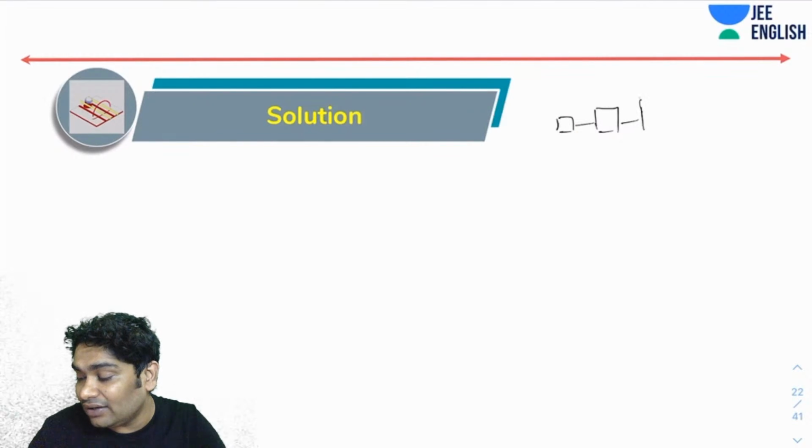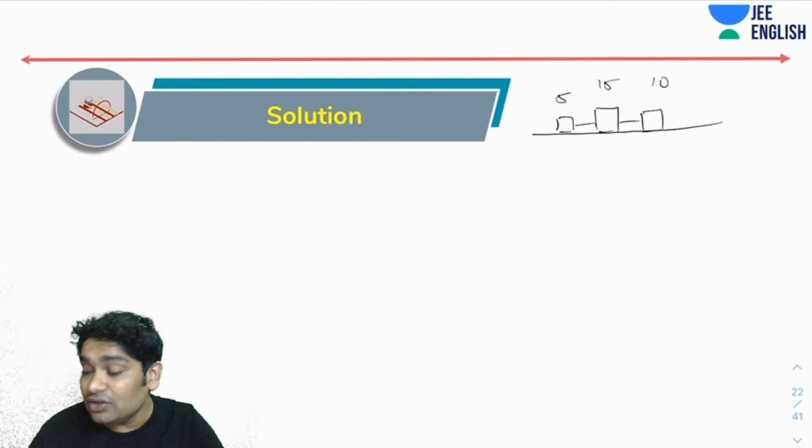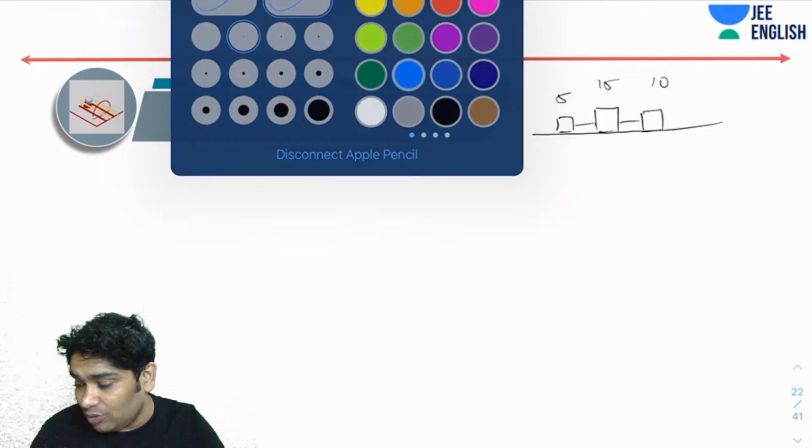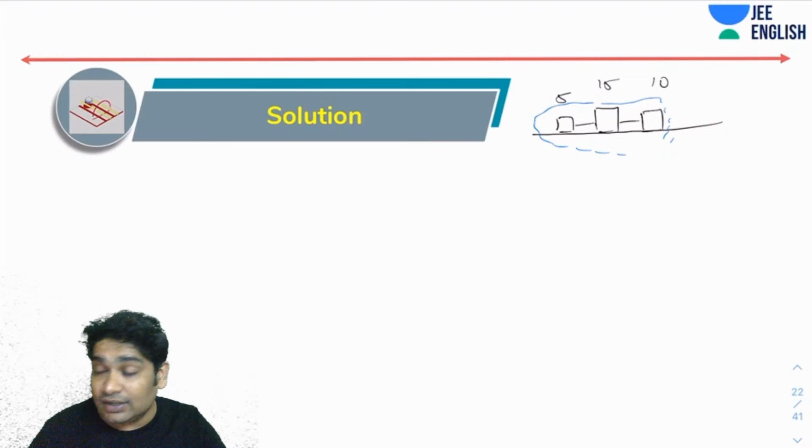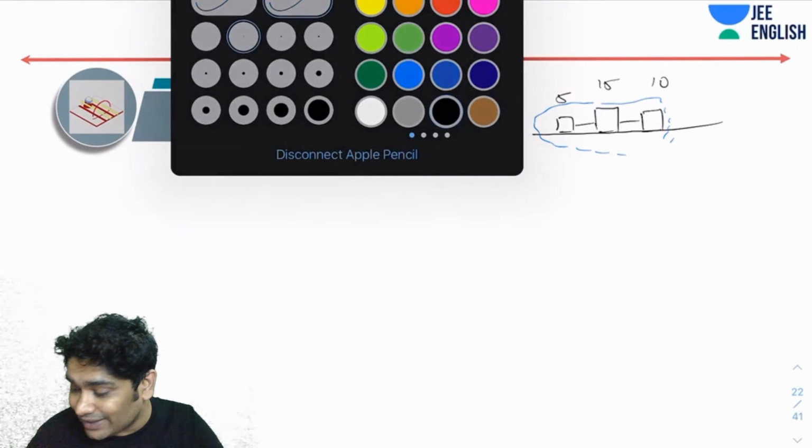Now I know that when these three move, all three would move with the same acceleration because they are tied with the string. So this is 10 kg, this is 15 kg, this is 5 kg. So for the first part, I am considering this as my entire system. If I consider this as my entire system, now what do I see?